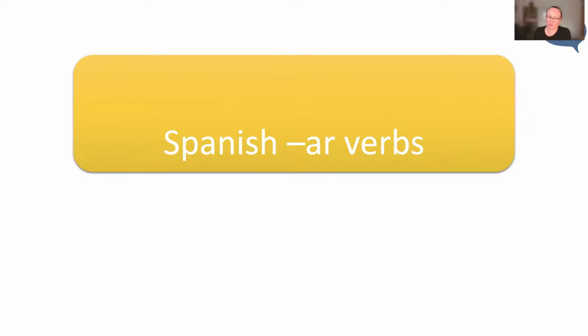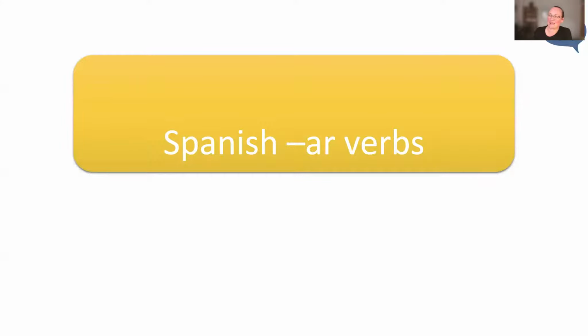This is the fourth of the Spanish lessons, and it's Spanish AR verbs. So that's what we're going to be talking about today. AR verbs are probably the most common of the Spanish verbs, a bit like the French ER verbs. Incidentally, if you're interested in French ER verbs, I have a lesson on those as well.